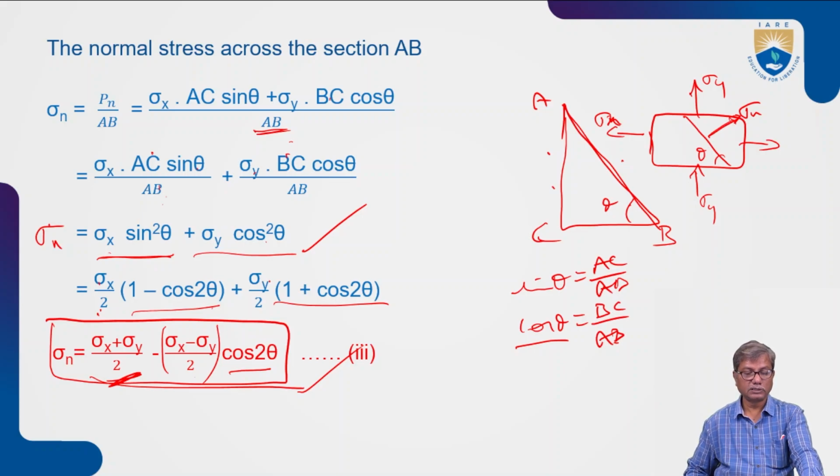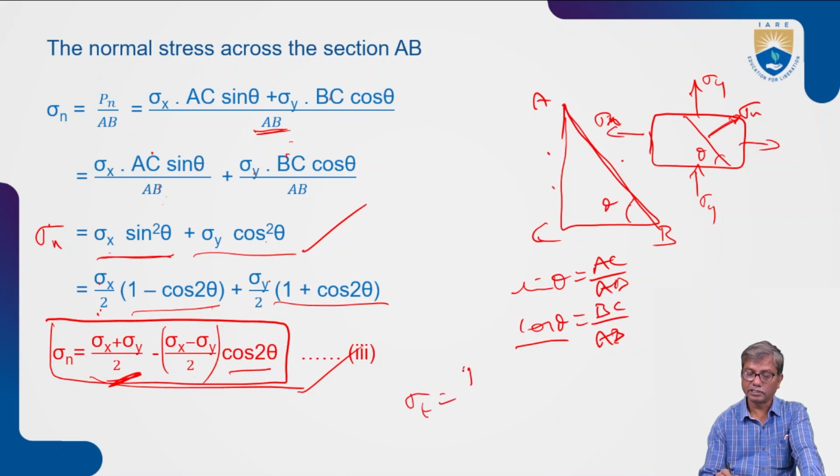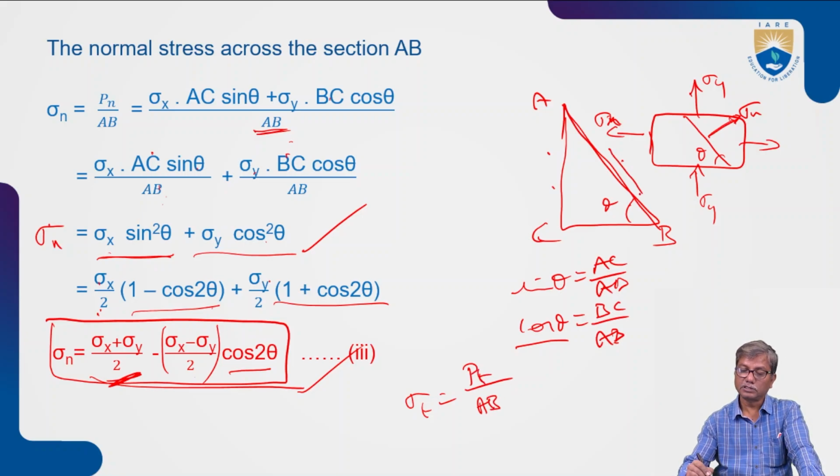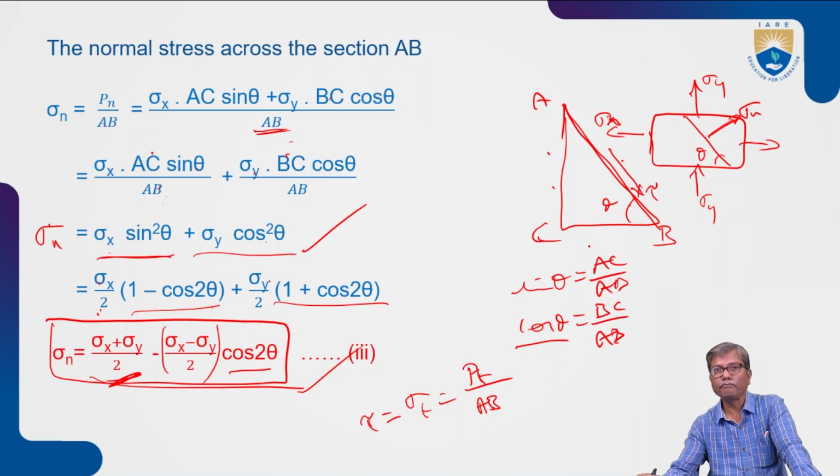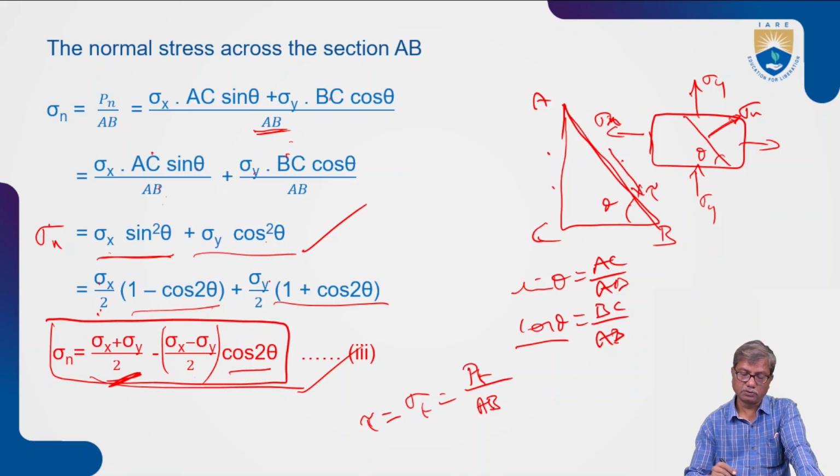Similarly, we find tangential stress sigma t as Pt by area AB, because the tangential stress sigma t, or tau, generally we represent it by tau.